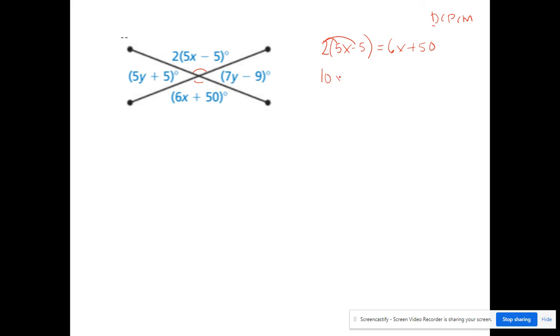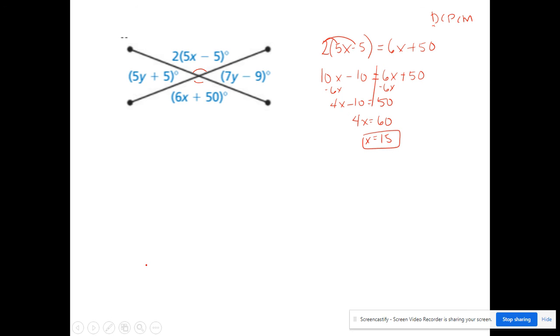So I have 10x minus 10 equals 6x plus 50. So I'm going to pick on the little guy, which happens to be 6. So I subtract 6x from both sides. 4x minus 10 equals 50. Add 10, so 4x equals 60. Divide, x equals 15.